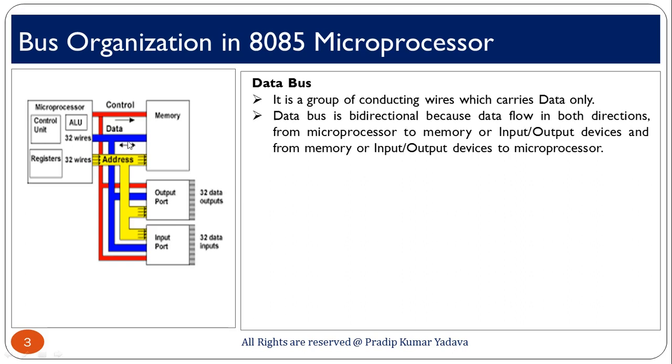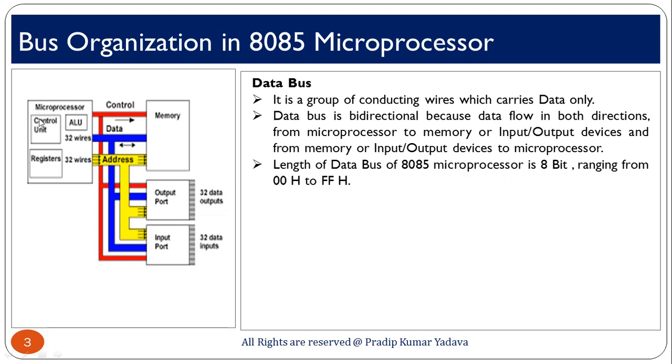Here you can see there is an arrow showing that the data bus is working in two directions, from microprocessor to memory and input output device, and again from input output and memory to microprocessor. The length of the data bus in 8085 microprocessor is 8 bit, and the range can be 00 to FF.